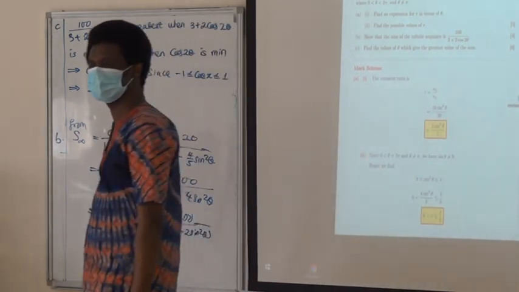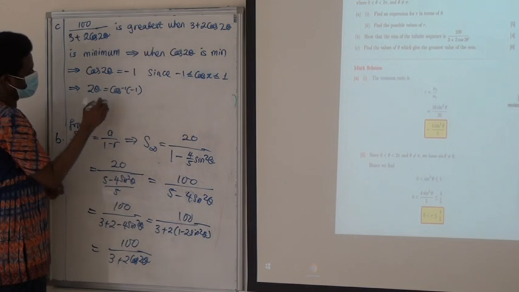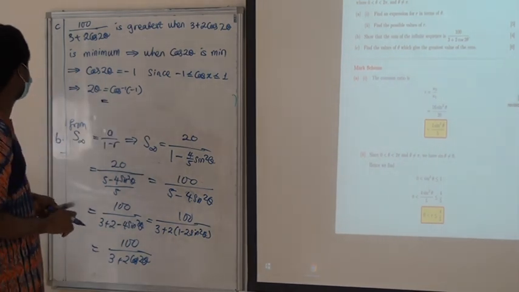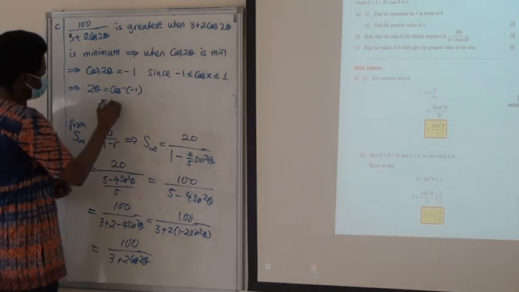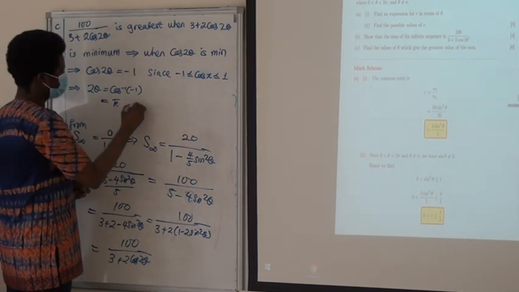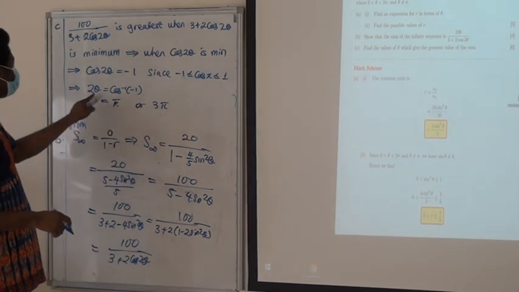So in the quadrant, we look at when we have that. It's going to be at 180 degrees, which is pi. Then because cosine is periodic at 2 pi, the next one is 3 pi. Why are we extending to 3 pi? This is 2 theta.